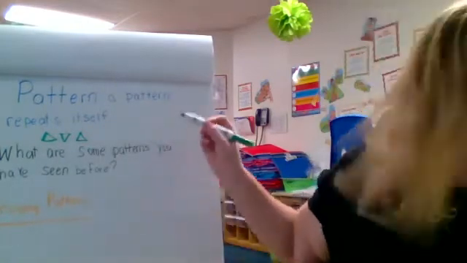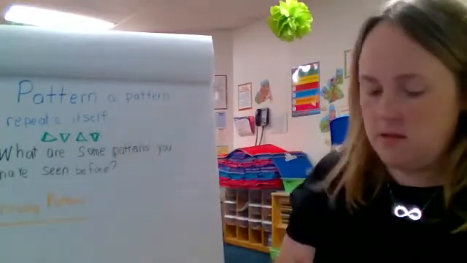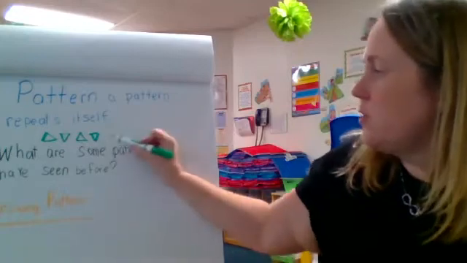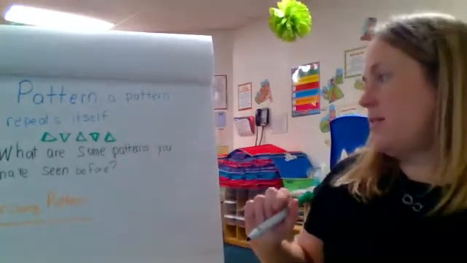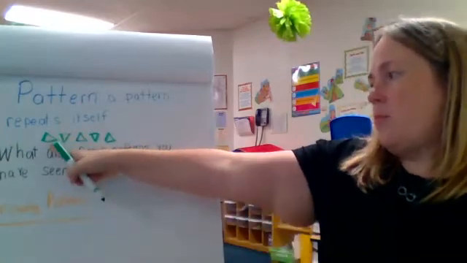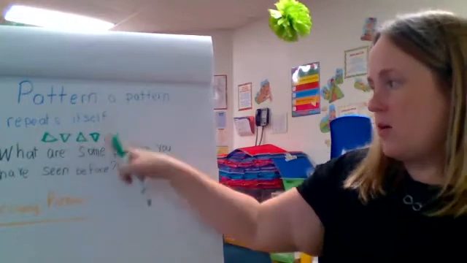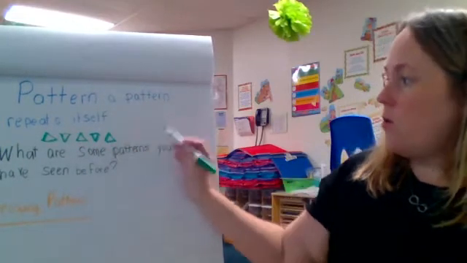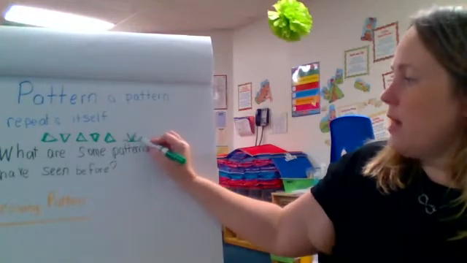The next one is a green downward triangle. And the next one is a green upward triangle. So boys and girls, can we say the pattern? Upward triangle, downward triangle. Upward triangle, downward triangle. Upward triangle. What would come next? That's right, a downward triangle.